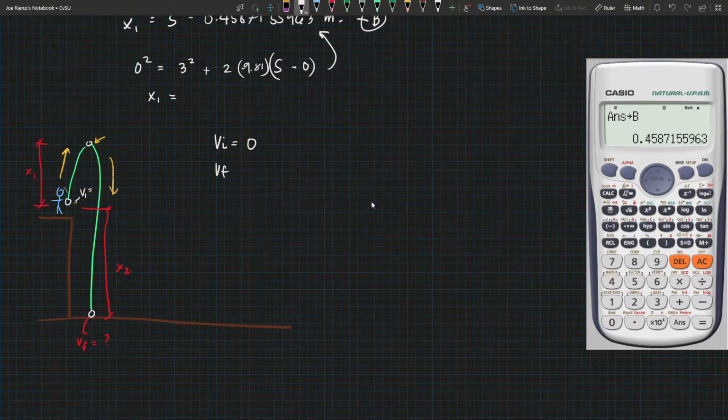And then yung Vf is equals to unknown. So, hinahanap natin sa C. Again, acceleration is still 9.81 meters per second squared. Negative yung gawin natin, or positive kasi parang free fall na lang tayo, di ba?